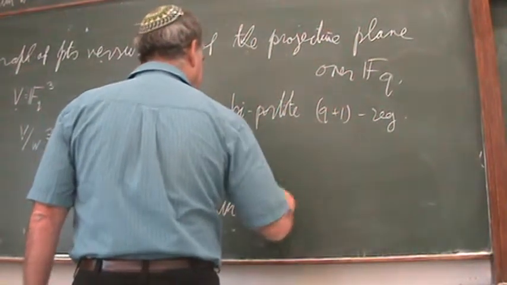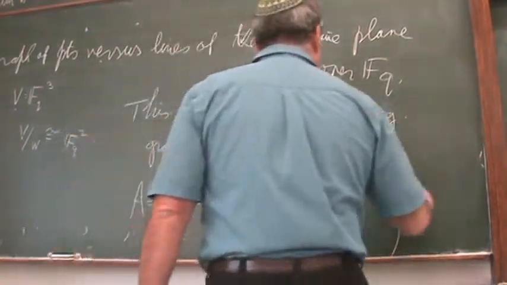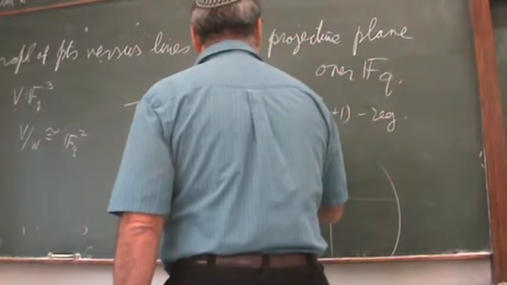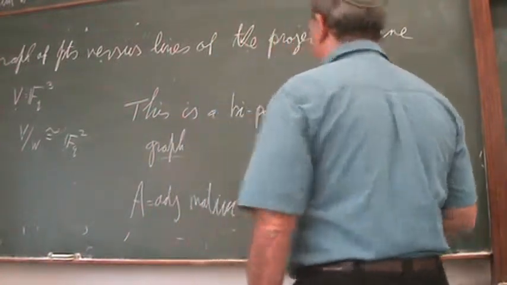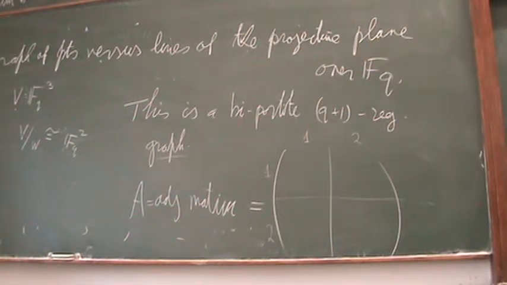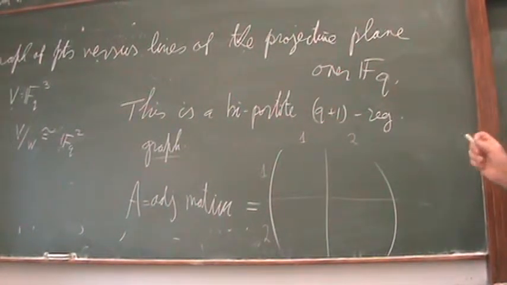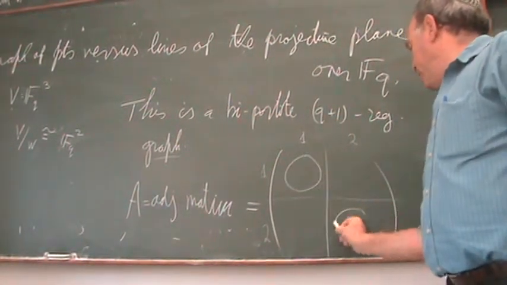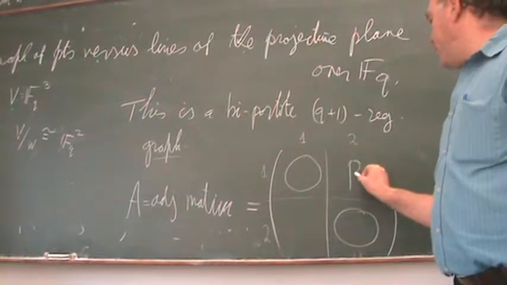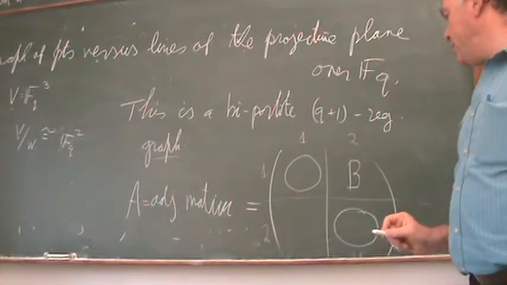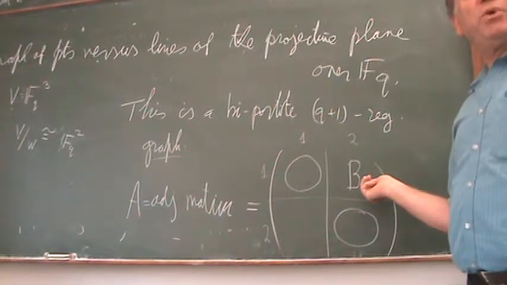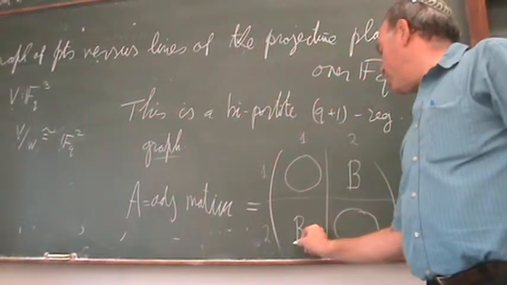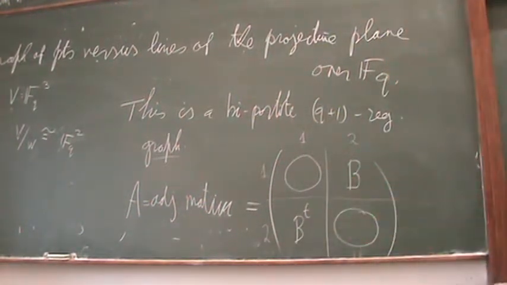For a bipartite graph, if I put here the dimension 1 and then those of dimension 2, all the edges go from dimension 1 to dimension 2, so this block is 0, this block is 0, and this is some matrix B, which represents the adjacency between 1 and 2. The matrix is symmetric, so here it must be B transpose.